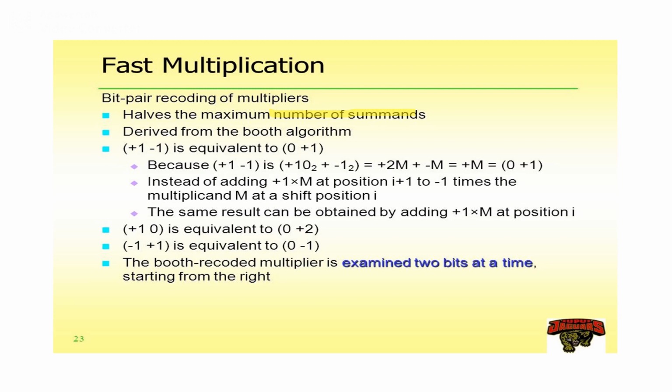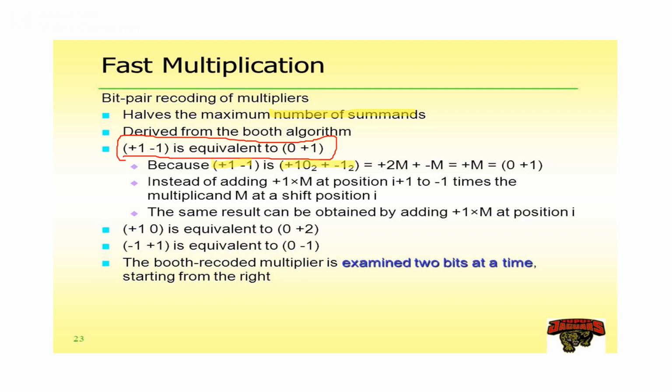Derived from the Booth algorithm, we have some set of equivalent values. That means plus 1 comma minus 1 is equivalent to 0 comma plus 1, because plus 1 comma minus 1 we can represent using a binary pattern.